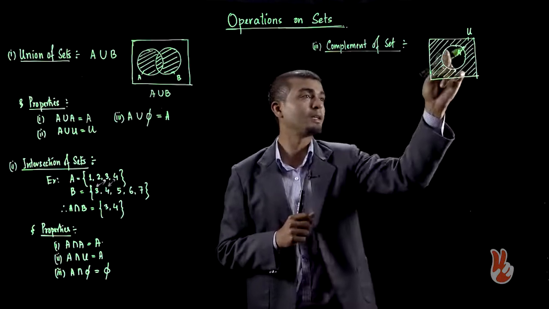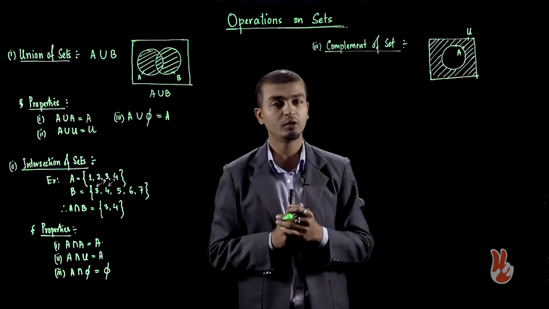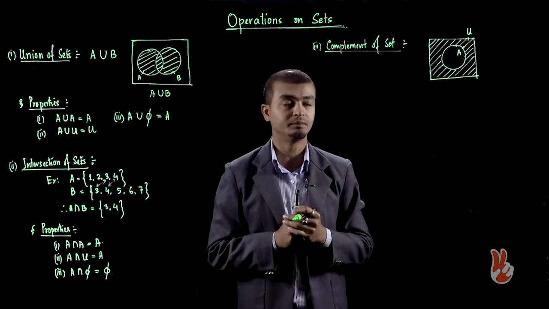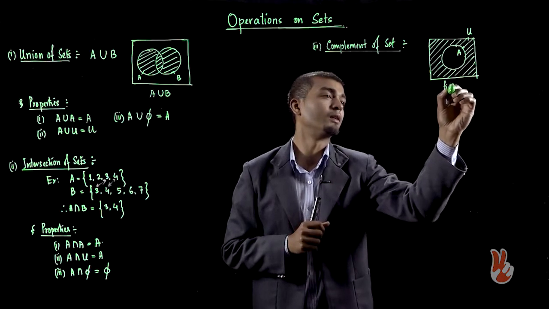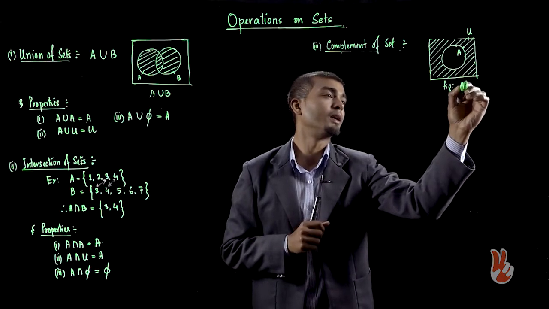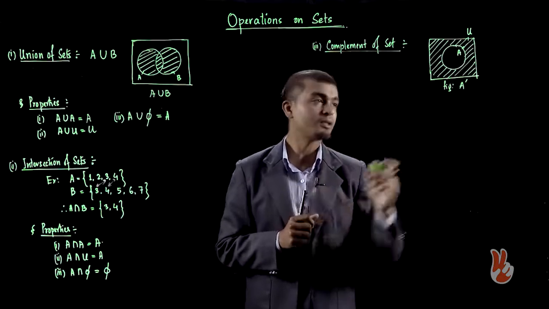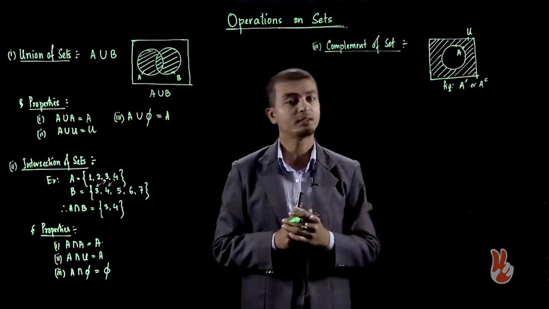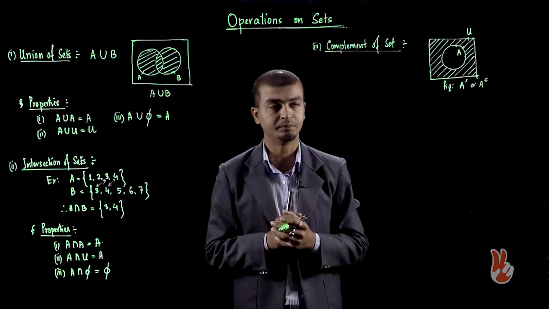So, excluding the set A, whatever elements are outside it in the universal set is said to be the complement of that set. That means this shaded part represents A complement. It is symbolized by A dash, or it is also represented by A C. Both are the symbols for complement of a set.